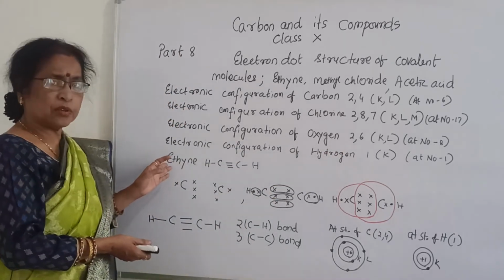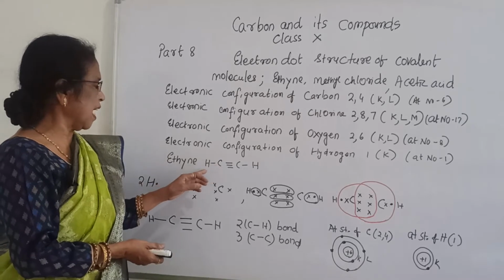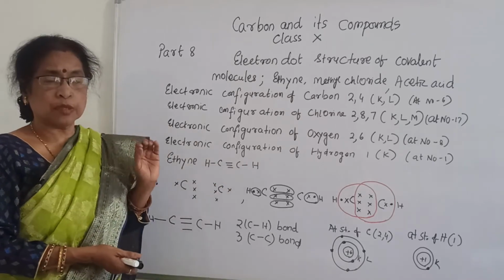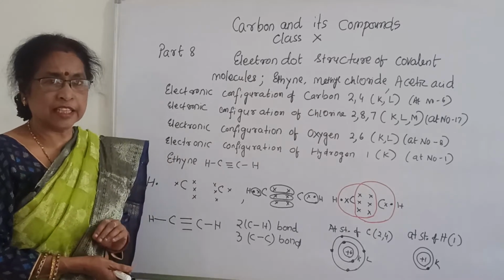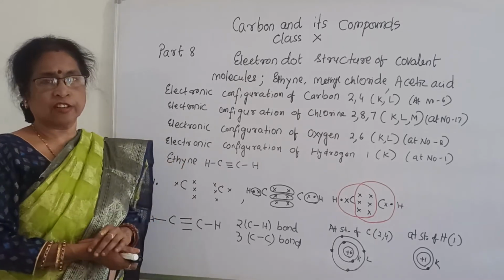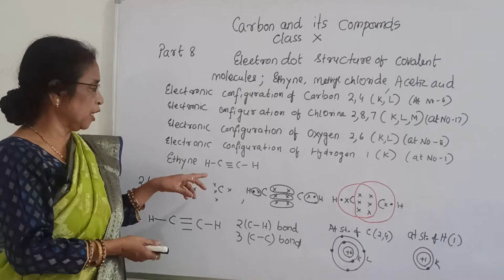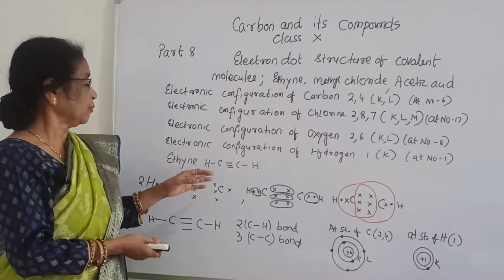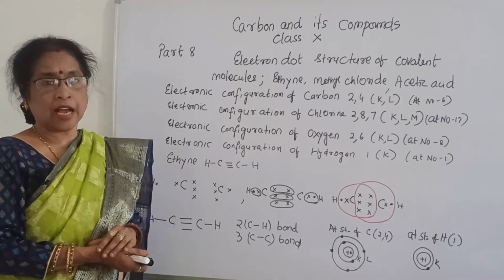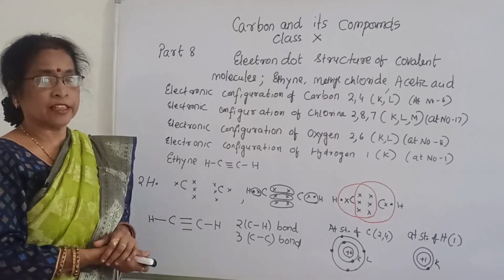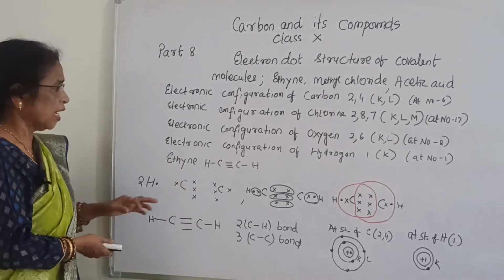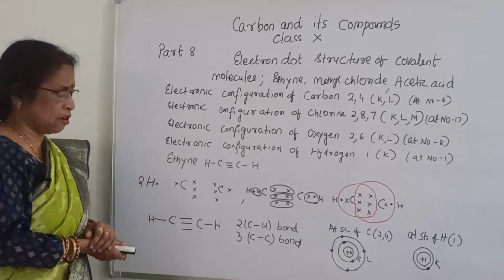Now if I want to write ethyne, CH triple bond CH, one should remember the structure of ethyne, then it is very easy to draw the electron dot structure. Here carbon and hydrogen are involved.